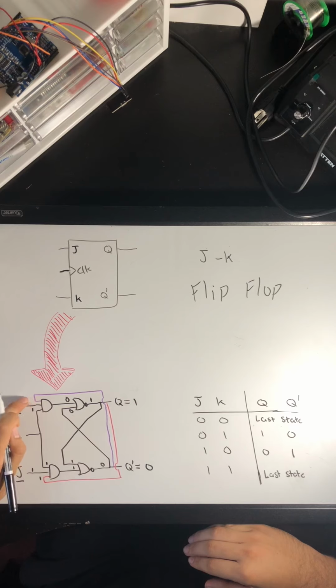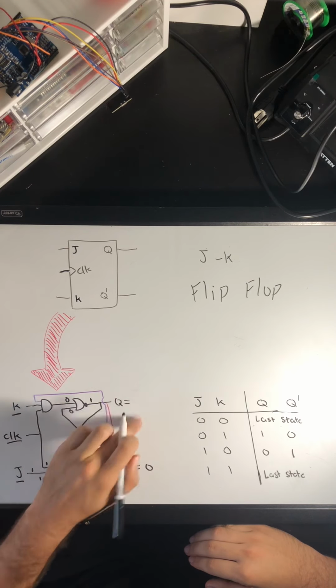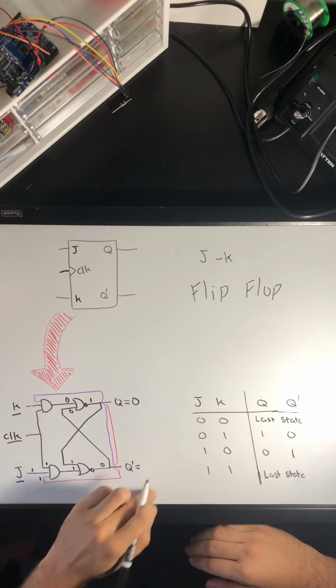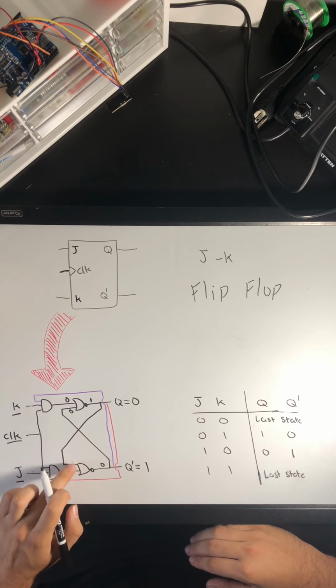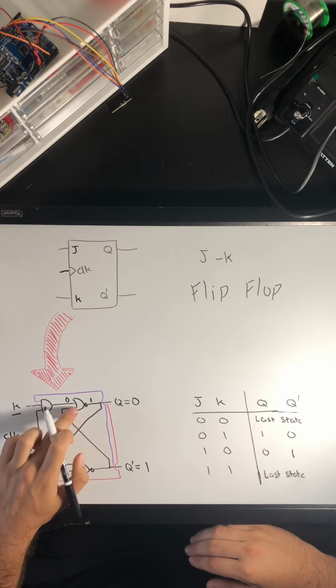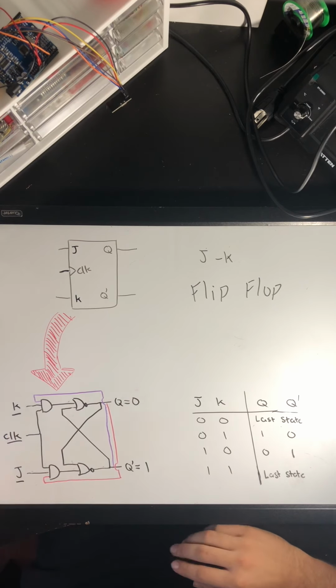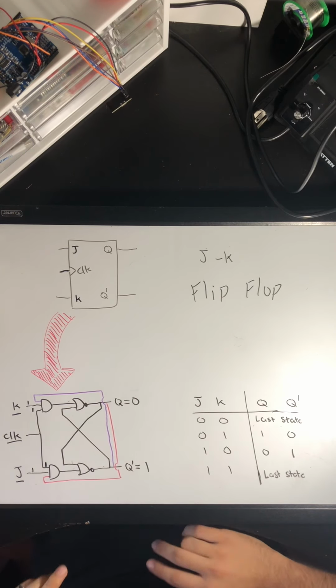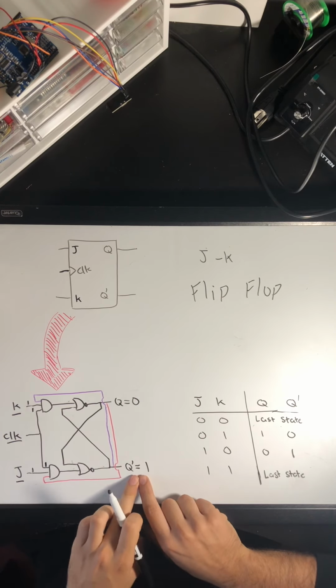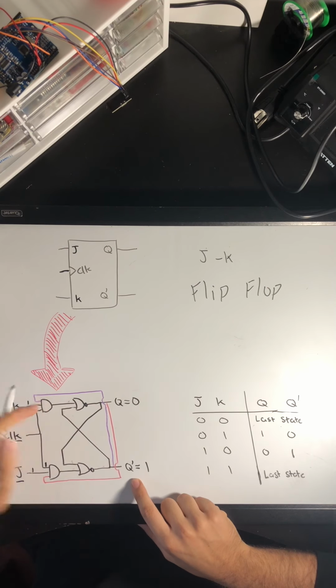Now, let's assume the opposite. Let's say that Q was 0 and Q prime was 1. J is 1, K is 1. Clock is 1 on the rising edge, and in this case Q prime is 1, so we'll come up here, say this is a 1, we pass on a 1.